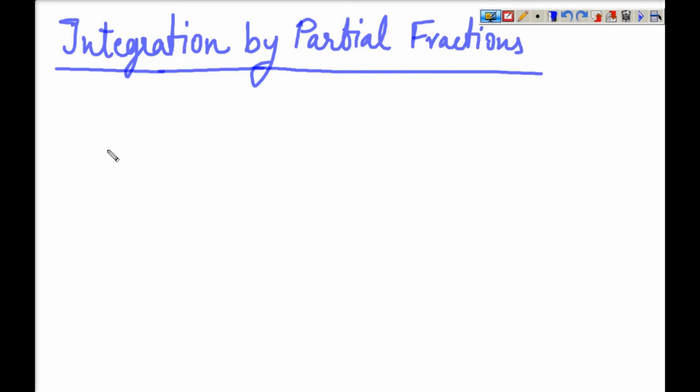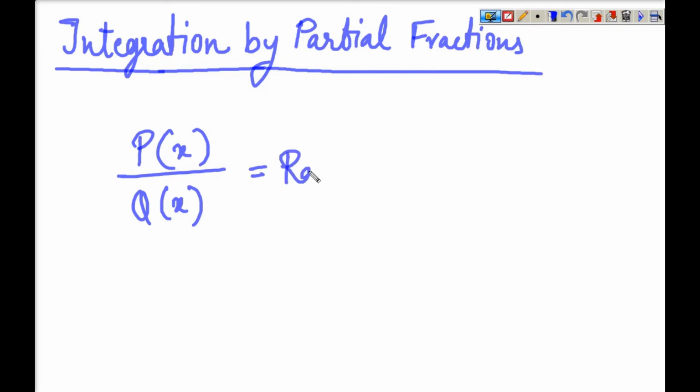Now if I have a function like this, with p of x and q of x, as you can see, we have a rational function here. So we have the numerator and the denominator. There are two types of rational functions.